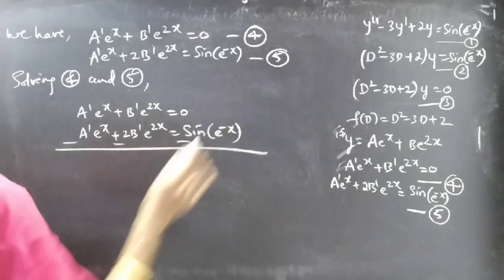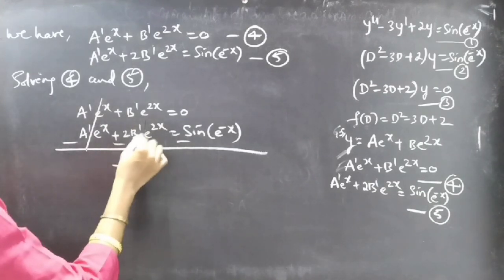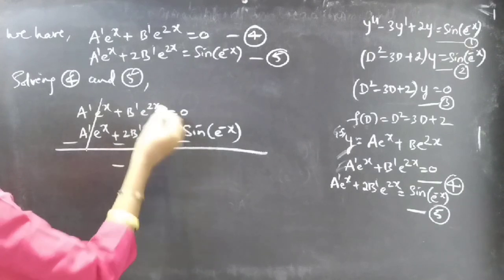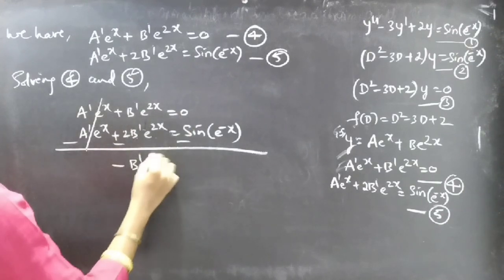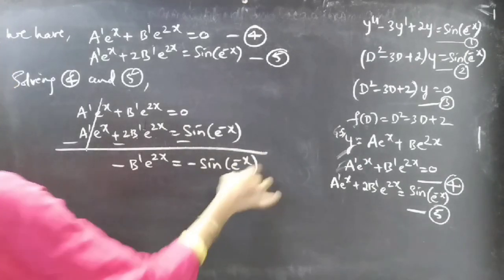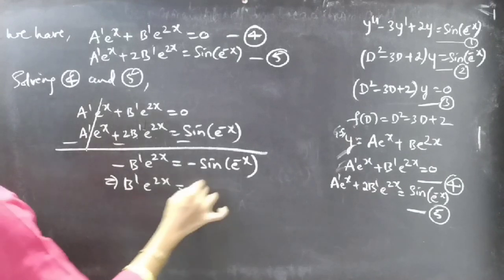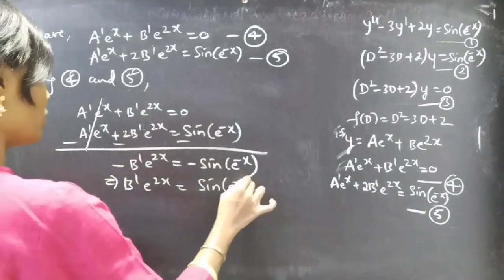Change the signs. Here plus a dash e power x and minus a dash e power x get cancelled, and we'll get minus 2b dash e power 2x plus b dash e power 2x gives minus b dash e power 2x equals minus sine e power minus x, right? We'll get b dash e power 2x equals sine of e power minus x.